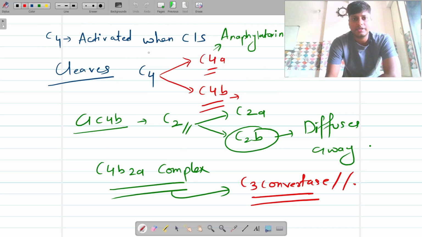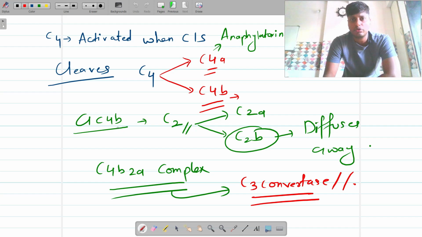So now what will happen? C1s will further break down C4 into C4a and C4b, out of which C4a majorly acts as an anaphylatoxin. That means it helps in causing inflammation. Whereas C4b associates with C1 to form a complex, the C1C4b complex.